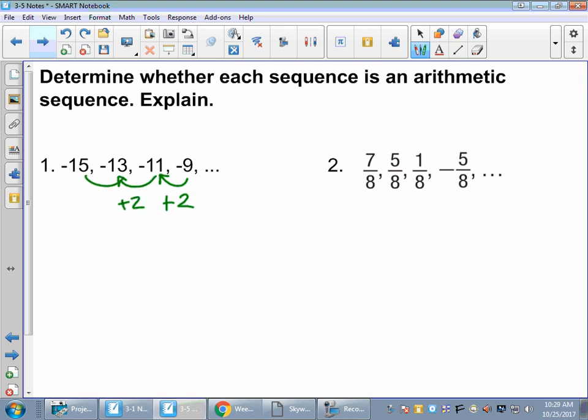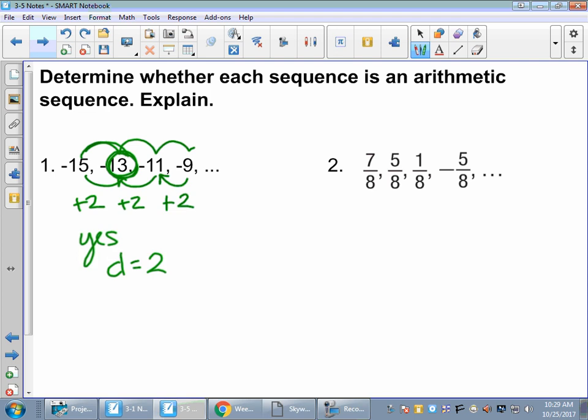And with negative 15 and negative 13, I can see that we added 2. So I know the sequence starts at negative 15, goes to negative 13, negative 11, negative 9, but I started backwards. You can do it either way, but you have to start with the second number and subtract the first number to figure out the common difference.